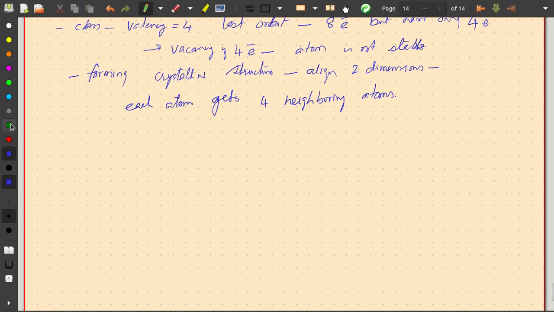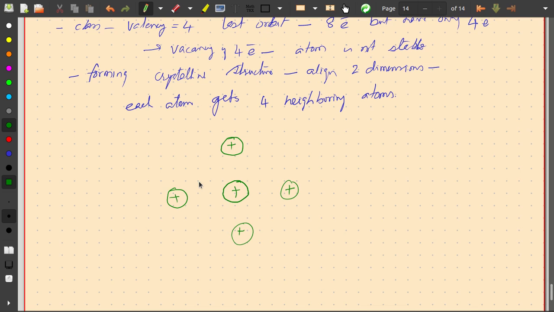Pictorially, we can show it that this is the atom we are talking of. So the crystalline structure is formed in this pattern. That means they form in rows and columns so that at any point it will have four neighbors.